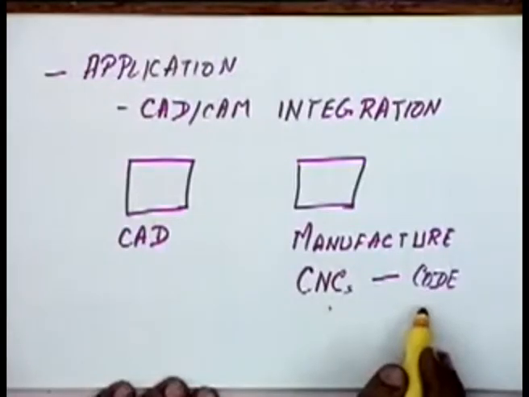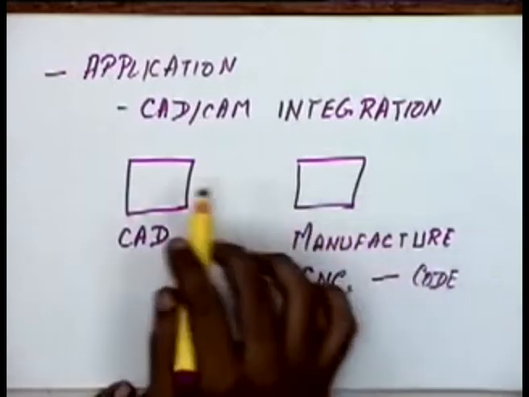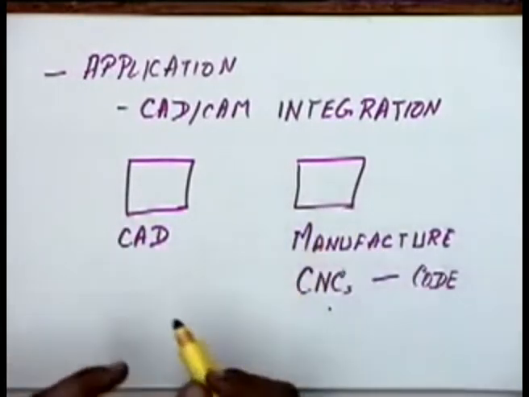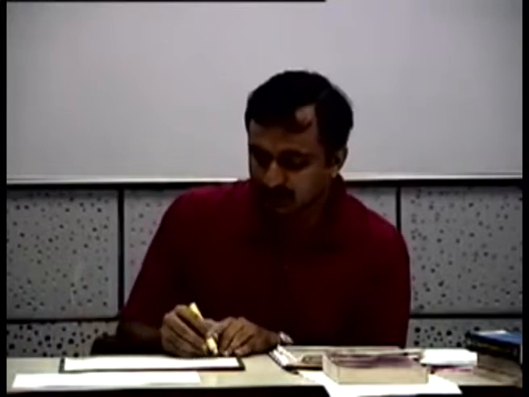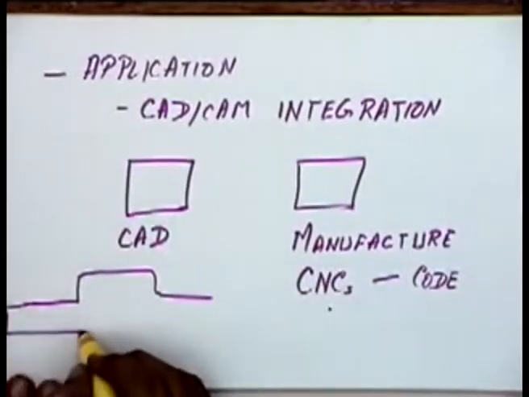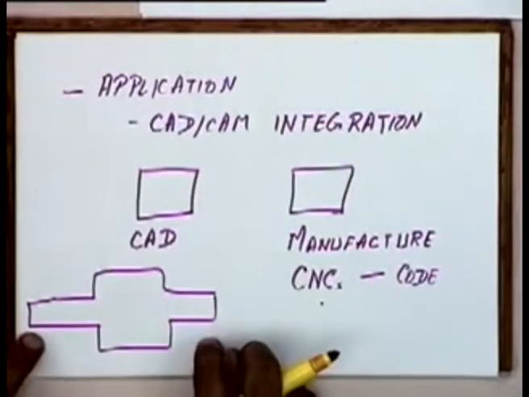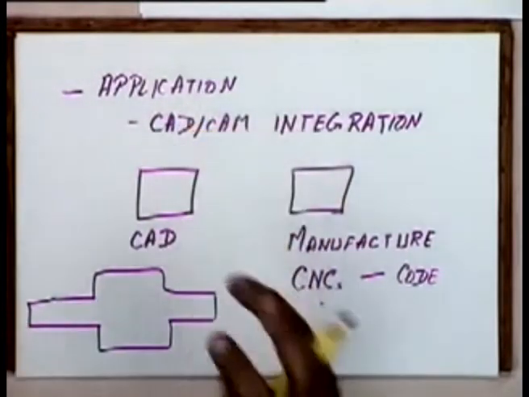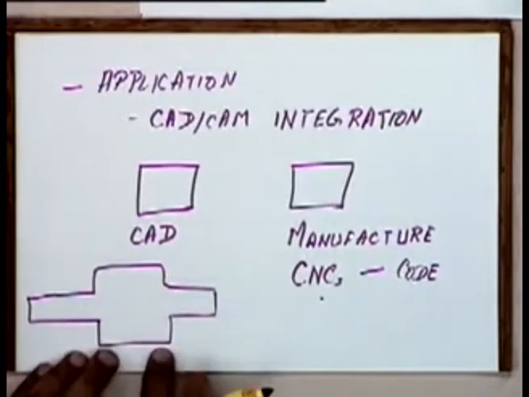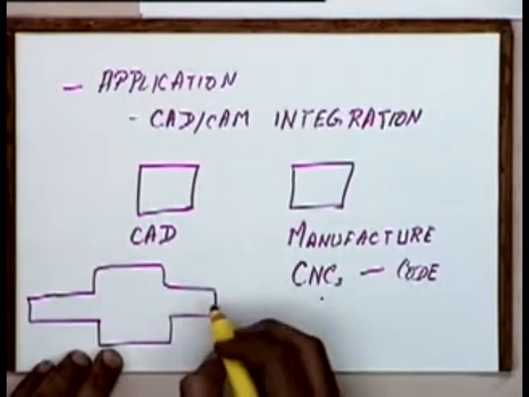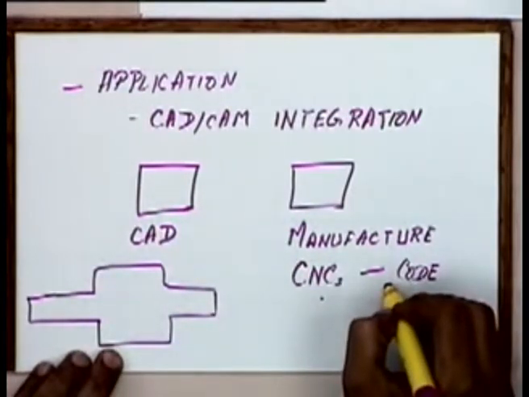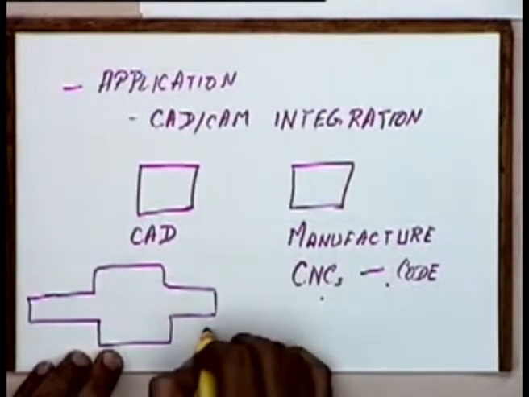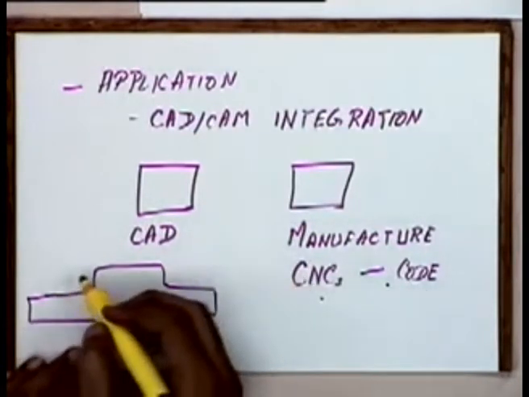If we have the model for an object, we can use that model to generate this code and to get an automatic interface between CAD and CAM. That means directly from a CAD model, let's say of a shaft, if this shaft is represented internally in a proper manner, then from the model of this shaft we can directly get the NC code that will be required to make it. We will be able to generate a process plan.